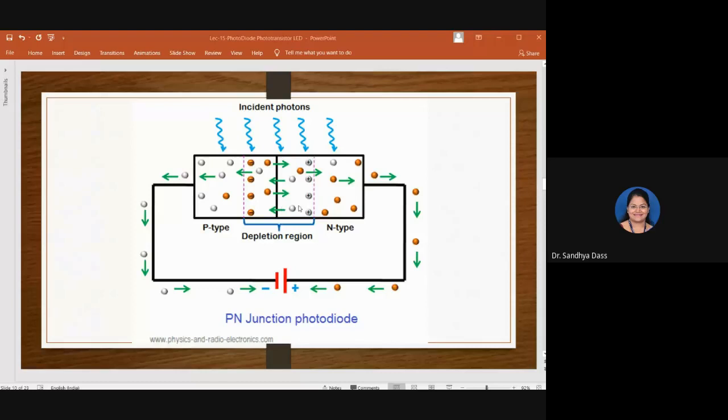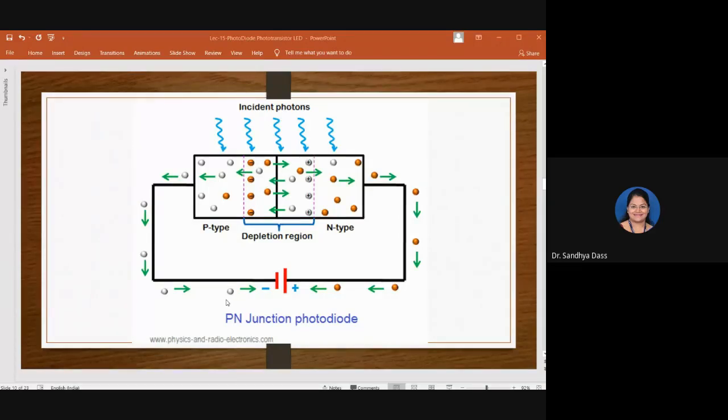So if the junction of this diode is illuminated by the light, as the light falls on the surface of the junction, the temperature of the junction increases. This causes the electron holes to get separated from each other, and eventually the electrons from the N side get attracted towards the positive terminal of the battery, and there is a flow of current.